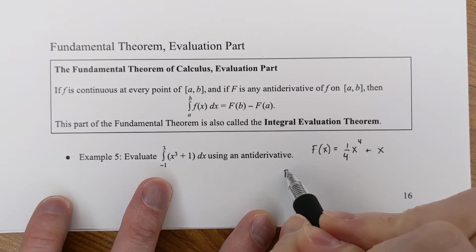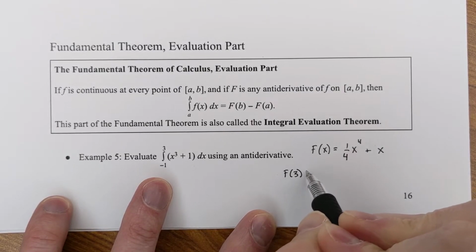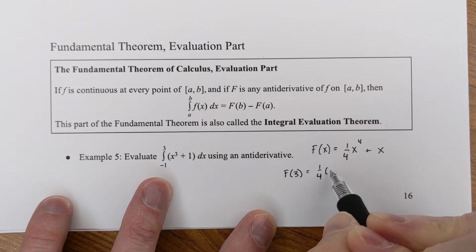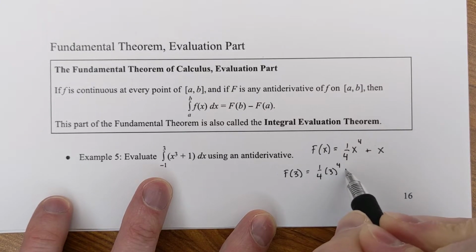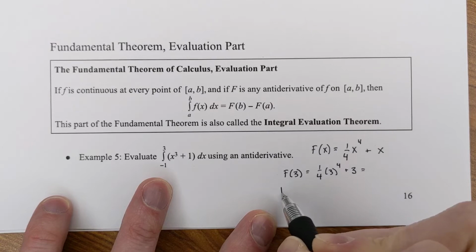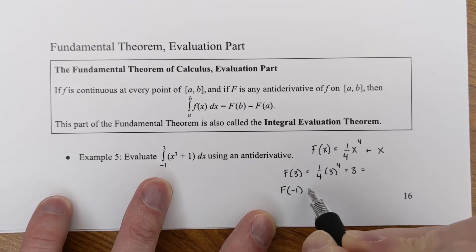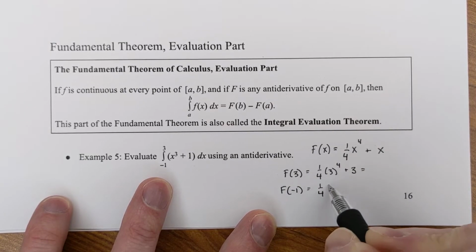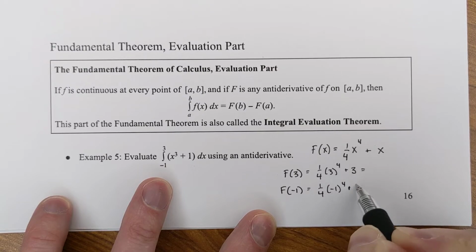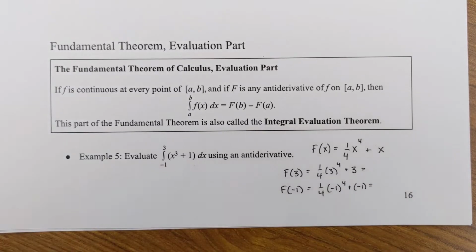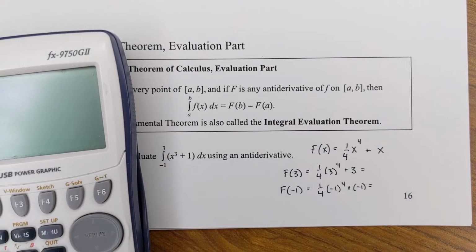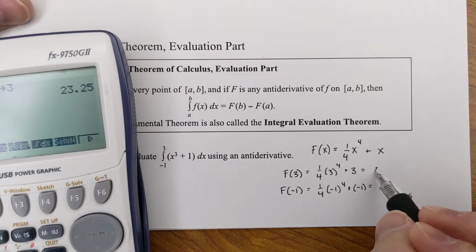So I need to figure out f of b, which would be f of 3. So 1/4 times 3 to the fourth plus 3. And I need to figure out f of a, which is the bottom number. So 1/4 times -1 to the fourth plus -1. So the top one, let's see here, 0.25 times 3 to the fourth, plus 3 is 23 1/4.